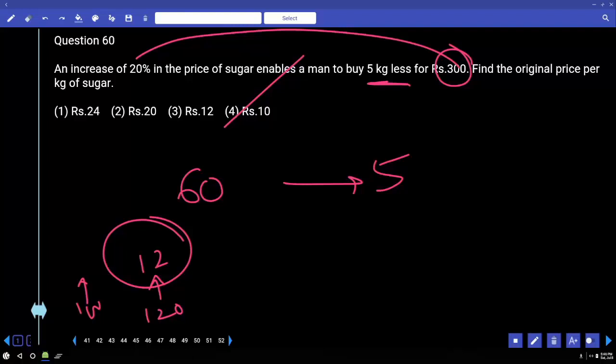Increased price is 12 rupees. Understood? Original price is 10 rupees. Sometimes he asks for the increased price. Sometimes he asks for present value. Okay? Right. So here the present value is 10 rupees.